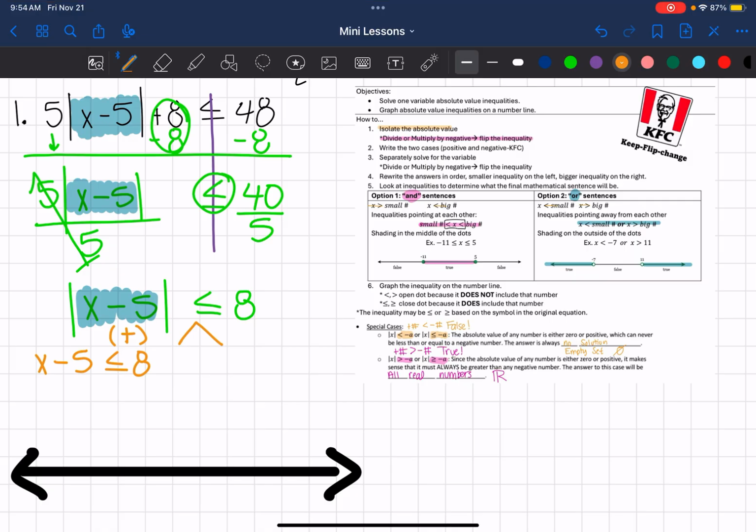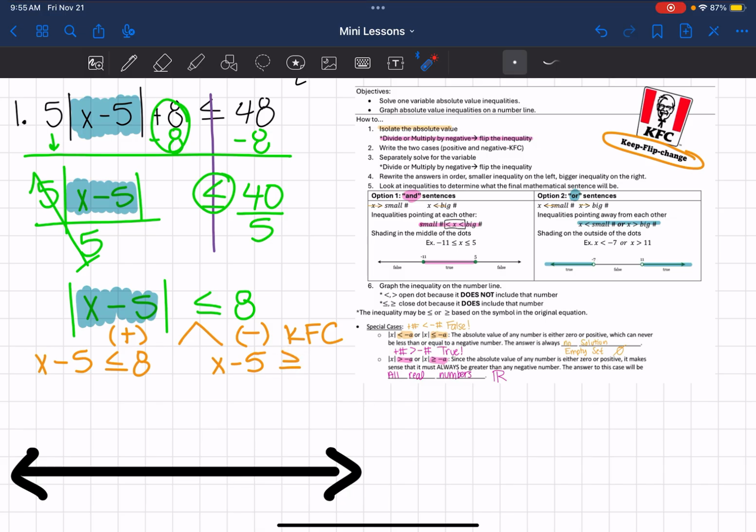For our negative side, we use the acronym KFC, which represents keep, flip, change, which I have right here in the notes. What this means is we are going to keep the absolute value stuff the same, just no more absolute value. We're going to flip the inequality to face the opposite direction. So it was a less than or equal to symbol.